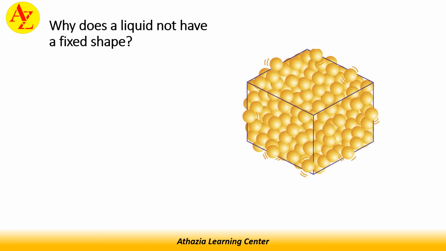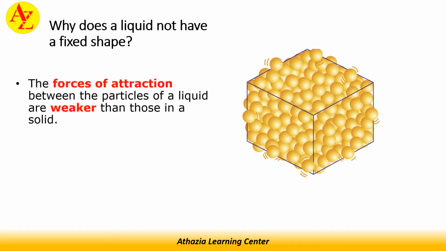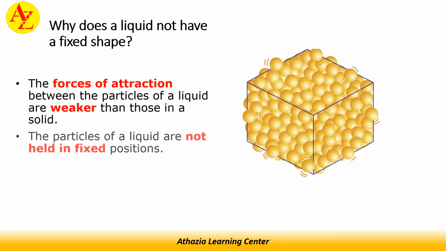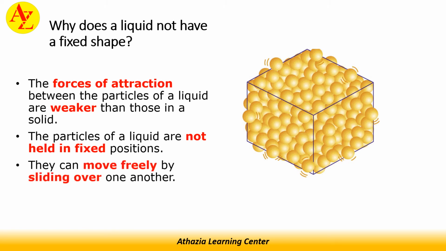The kinetic particle theory can explain this property. The forces of attraction between the particles of a liquid are weaker than those in a solid, and the particles of a liquid are not held in a fixed position. They can move freely by sliding over one another, but they are still touching each other.